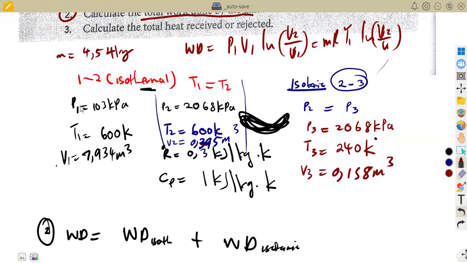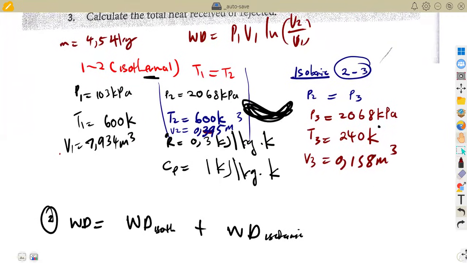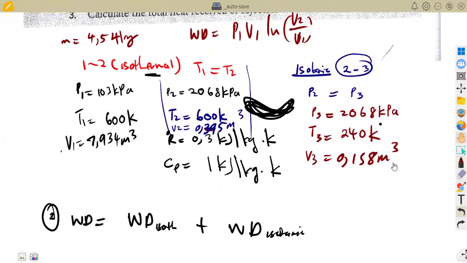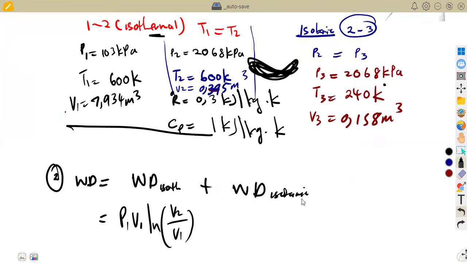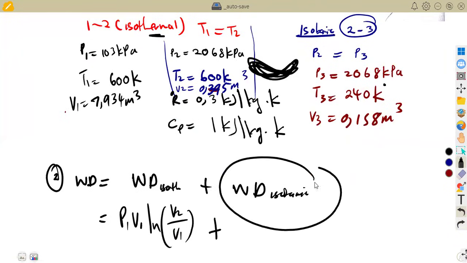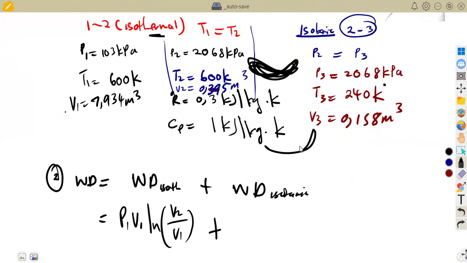As you can see, P1 is there, V1, T1. In fact, I can use the first one, any formula as long as it is applicable for an isothermal process. So for the isothermal process, we are going to use P1, V1, the ln of V2 over V1, to obtain the work done in the isothermal, plus the work done of the isobaric, this part where P2 is equal to P3.